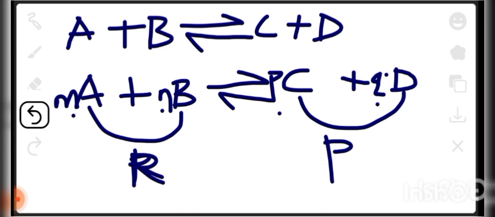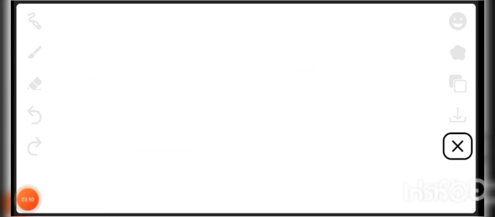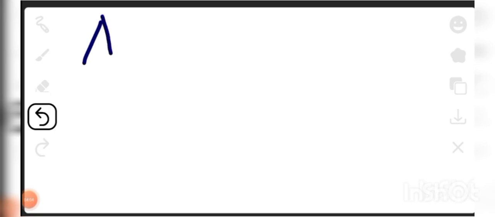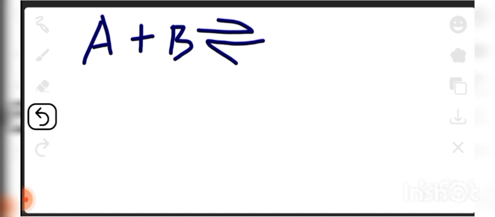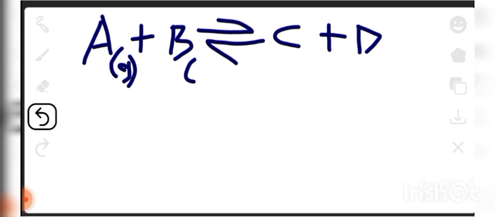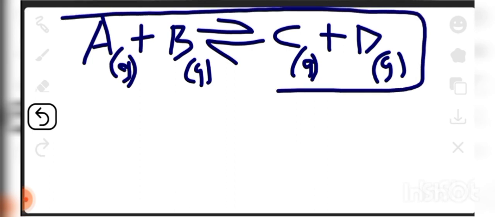For example, if you check the nature of the reacting species, let's say we have A plus B to give C plus D. If we combine A and B to give C and D, and let's say the nature of A is gaseous, B is also gaseous, C is also gaseous, and D is also gaseous, this is called a homogeneous reaction.